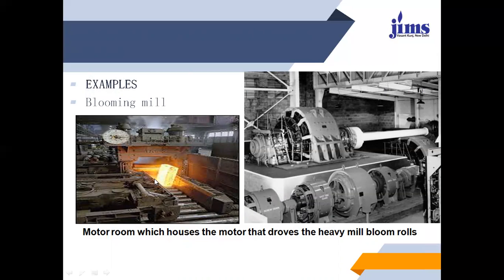On the right and left hand side there is a bloom roll, and on the right hand side we find the blooming machines. A motor is connected here to operate the hot ingot moving from the oven towards the side where it has to be placed.